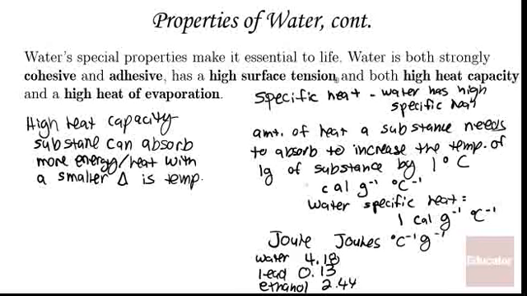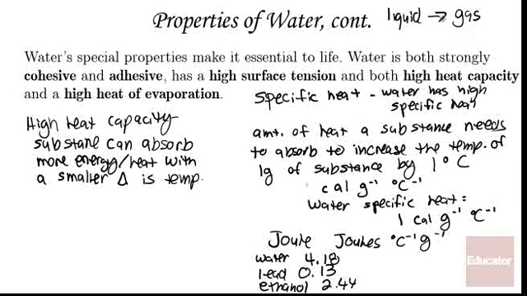Okay, so that was heat capacity, and now let's talk about heat of evaporation. The heat of evaporation, or sometimes it's called the heat of vaporization, has to do with converting water or a substance from its liquid form to its gas form.